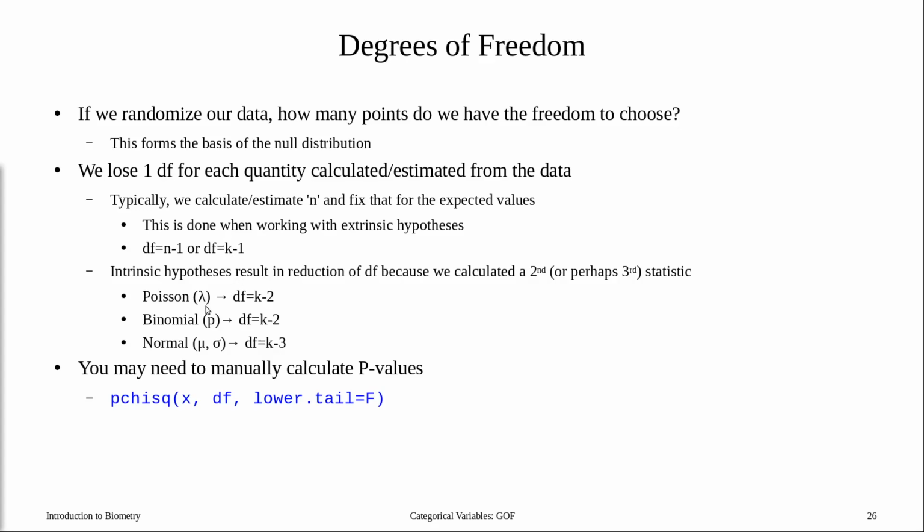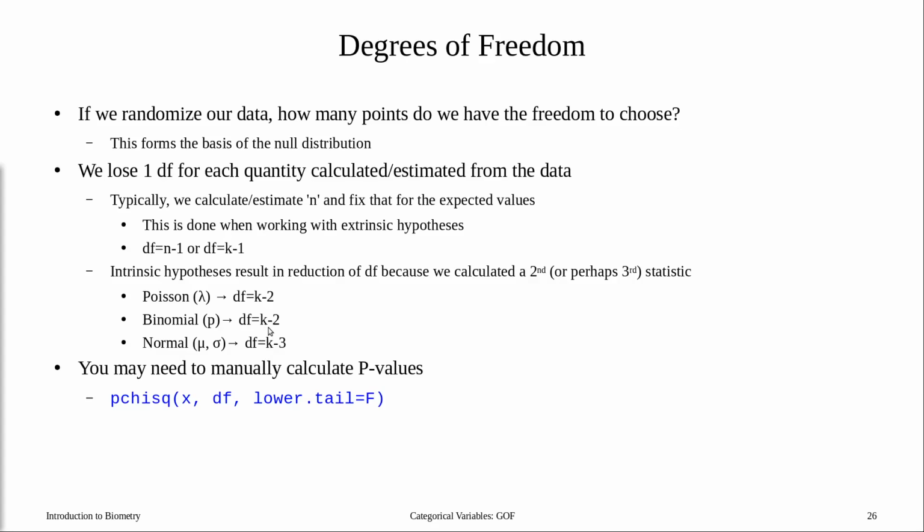If we're doing a goodness of fit test where we estimate lambda from our data, well, we lose 1 from the sum, but then we also lose 1 for estimating our lambda. So our k, our degrees of freedom, will be our number of groups minus 2. If we're fitting a binomial distribution and we estimate our probability of success, we lose a degree of freedom.